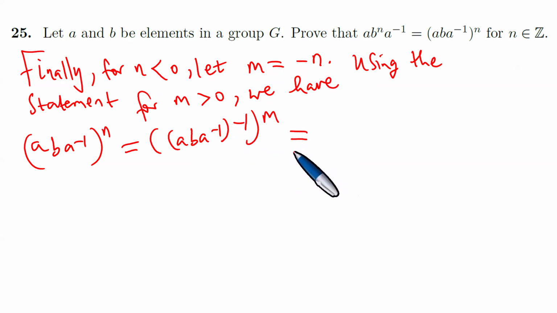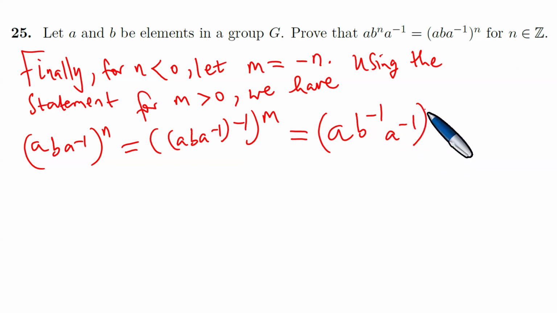Now, what exactly is this here? This is a new ball game. Let us watch what now. If you take the negative of this, it's going to be ab minus 1, a minus 1 to the mth power, like this.